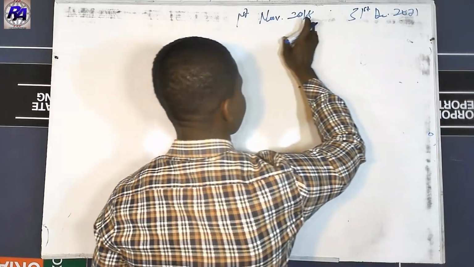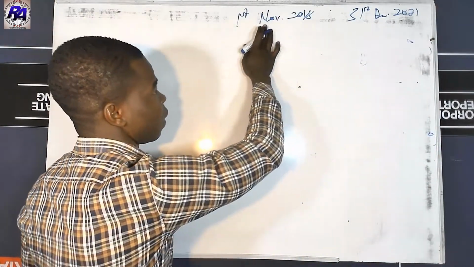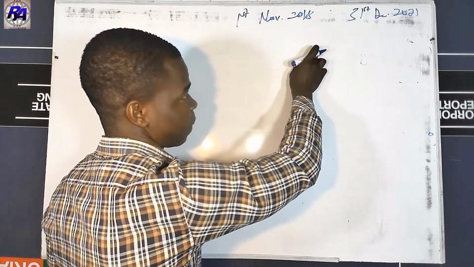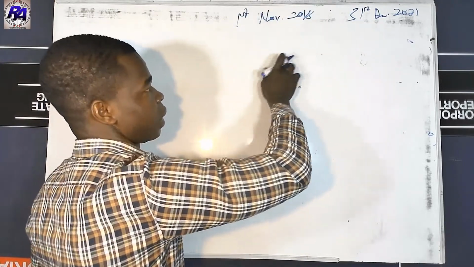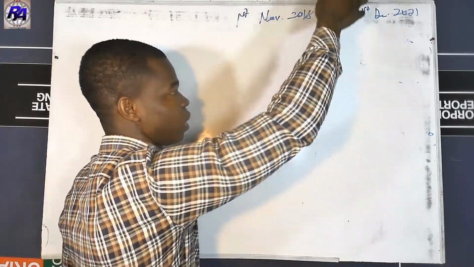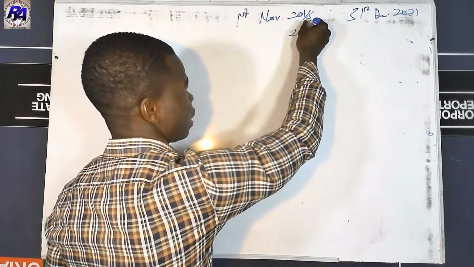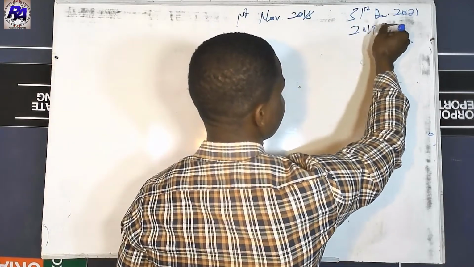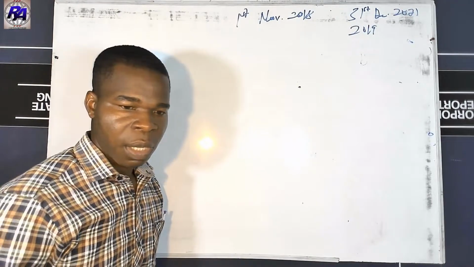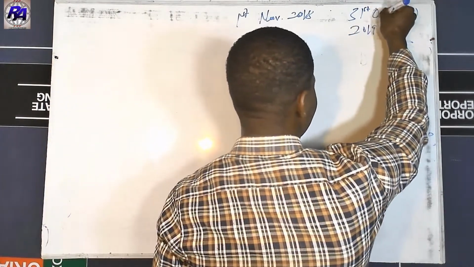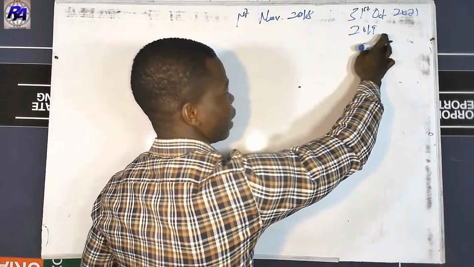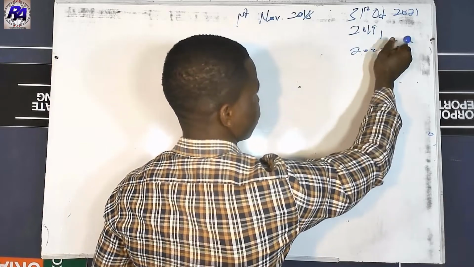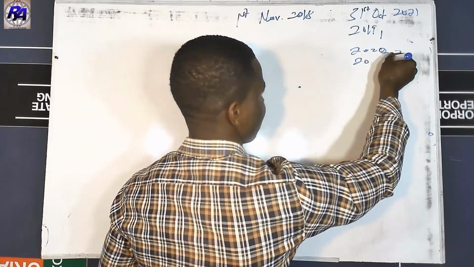Now let's see, from 1st November 2019 to 31st October 2020 is 1 year. Sorry, 31st October. So October 2019 is 1 year, October 2020 is 2 years, and October 2021 is 3 years.